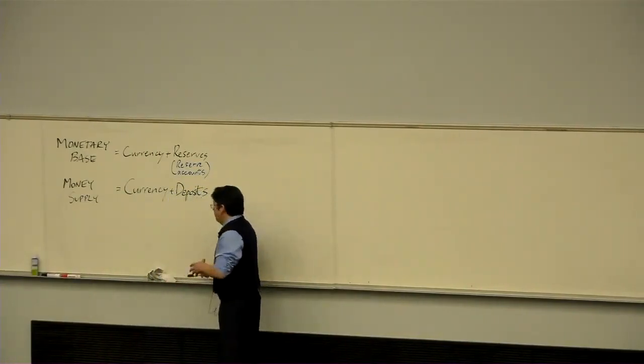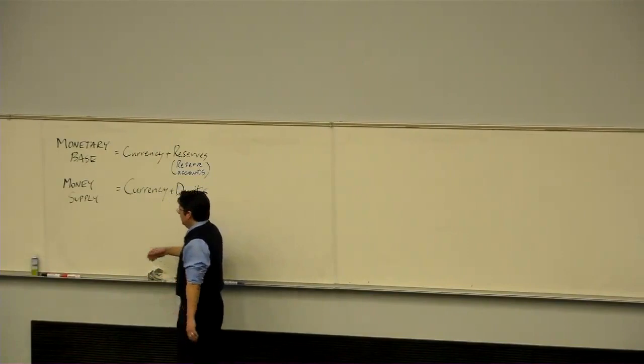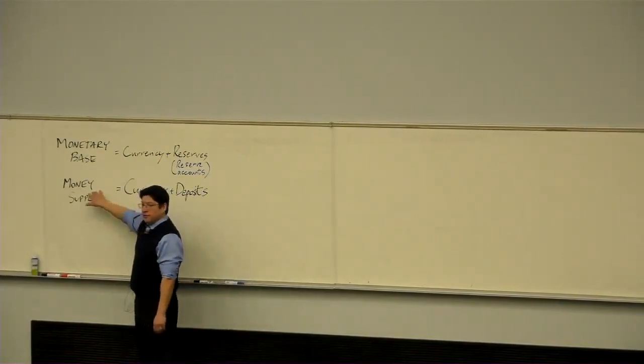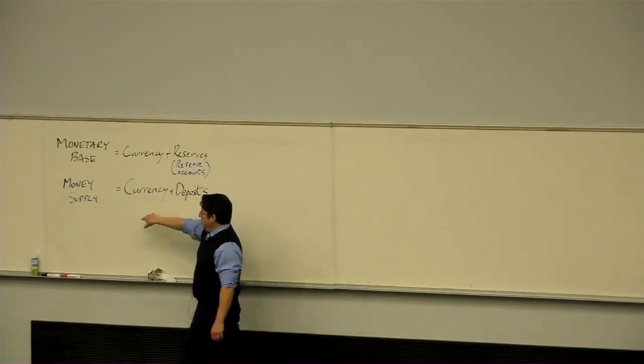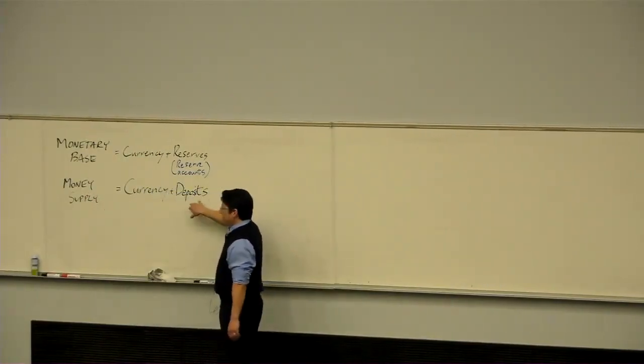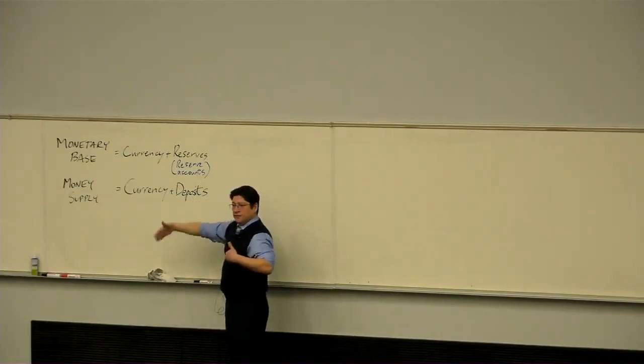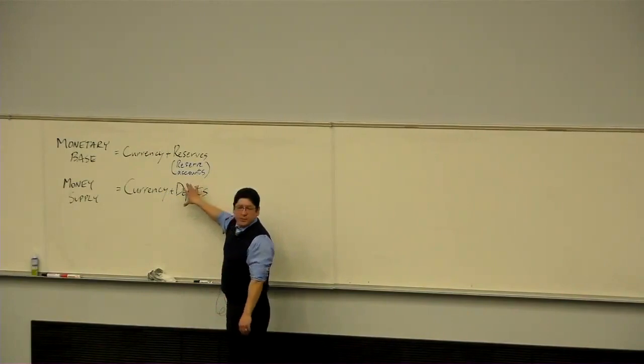Now, which deposits it includes depends on which measure of the money supply we're talking about. If this is M1, then the deposits are checking deposits. If this is M2, then it's checking deposits plus savings plus some CDs and so on. But broadly speaking, it's just deposits of some kind.